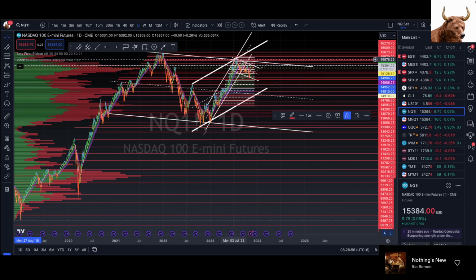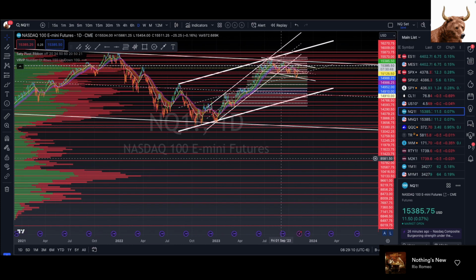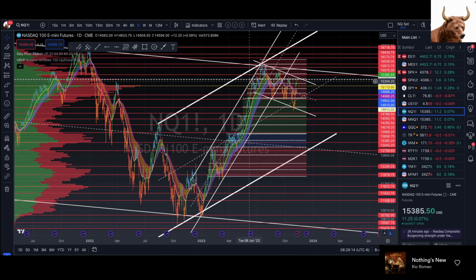Now, since July, we've kind of created what I would call, big picture, just a bull flag, but this is on a daily chart, so we don't really know what this is going to be. Right now, we're just playing it week by week, day by day.